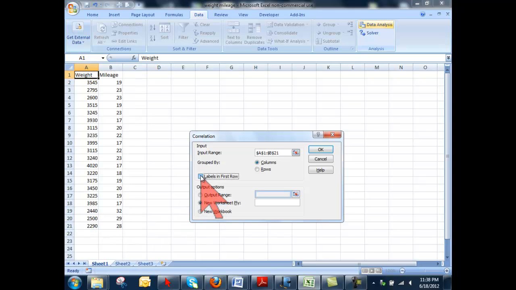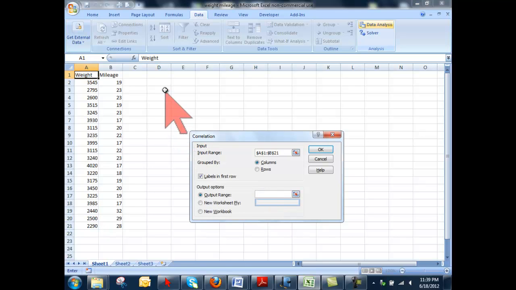My data does in this case have labels in the first row. By the way, in order to do the entry that way, notice that the X values and the Y values had to be in adjacent columns, side by side, so I could drag across both of them at the same time.